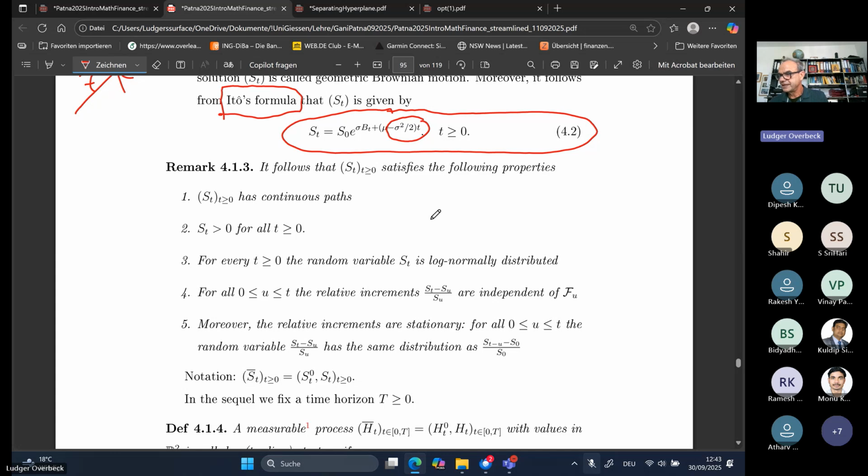The log of S_t has a normal distribution.